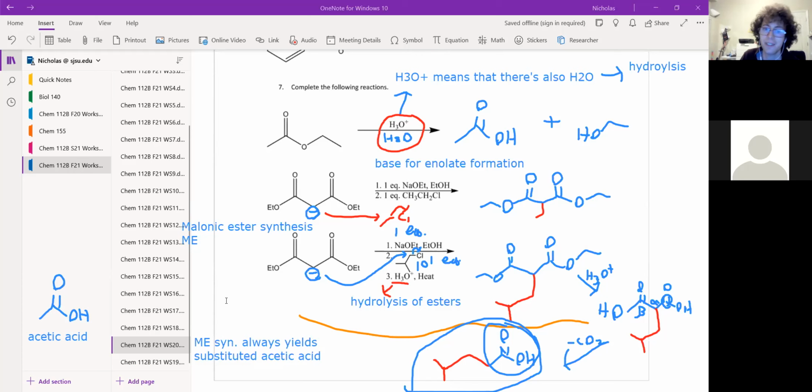So if you recognize that, then you can skip drawing all these intermediates and just jump straight to the end where you have the acetic acid and then you add whatever it is that you added to the alpha spot. And I'll go over thinking about it like that more on the next one, and maybe a little more on another worksheet, but that's the general idea of this.